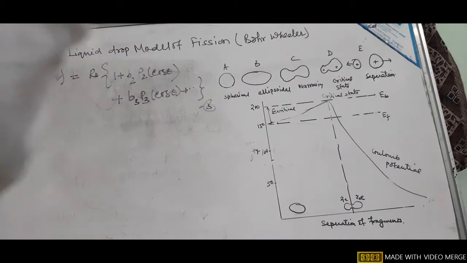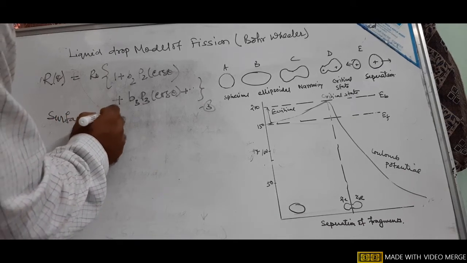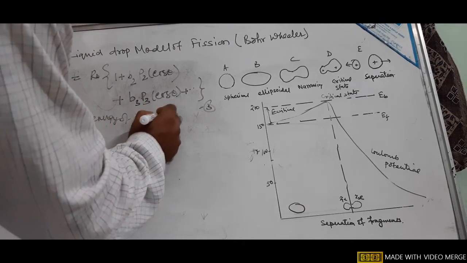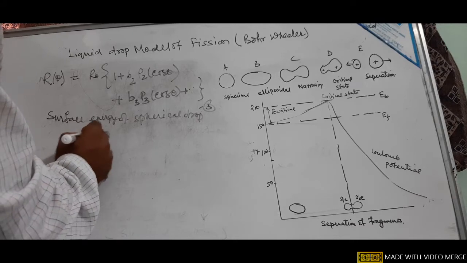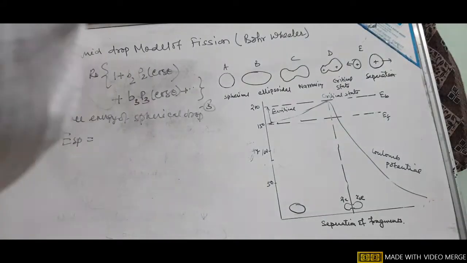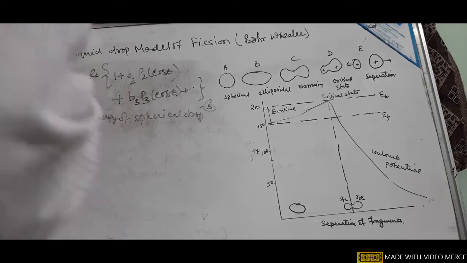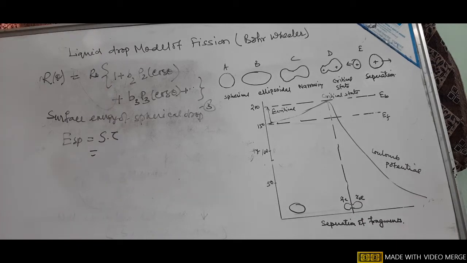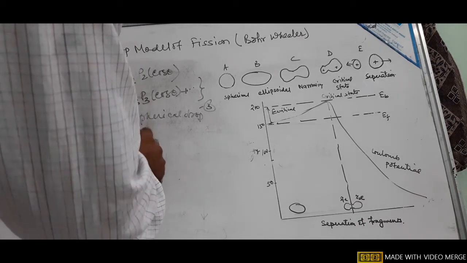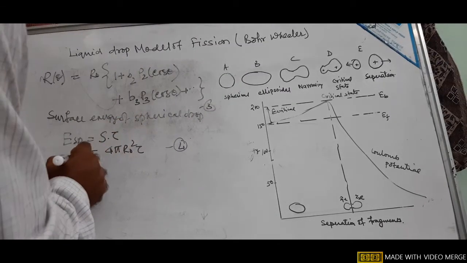Now the surface energy of the spherical drop, ESP, is equal to the surface area S times the surface tension tau, so it is 4 pi r0 squared times tau. This is equation 4.